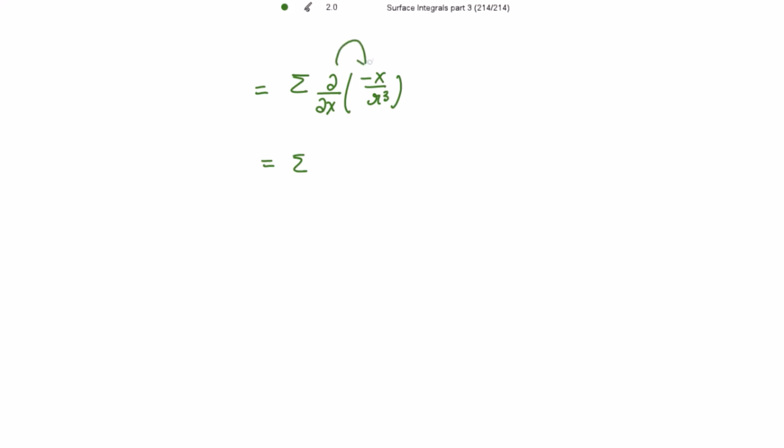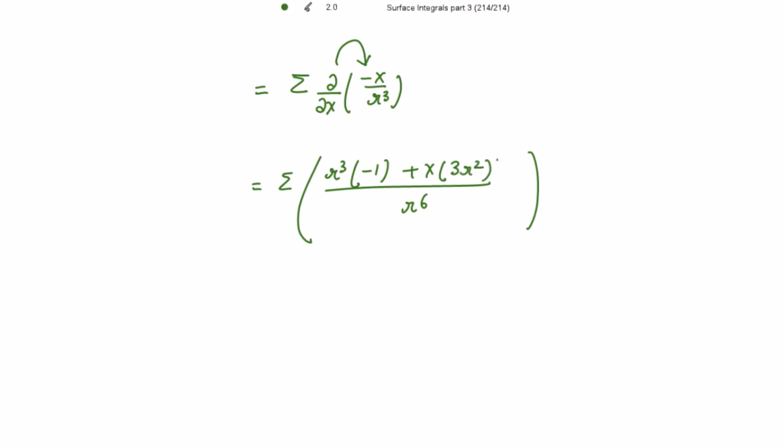We have to differentiate this with respect to x now. In the denominator we have r to the power 6, right? So writing the denominator first and differentiating the numerator with respect to x, that is minus 1, minus writing the numerator which is minus x, and combining these two signs, this becomes plus x into the derivative of the denominator, that is 3r squared into the partial derivative of r with respect to x.